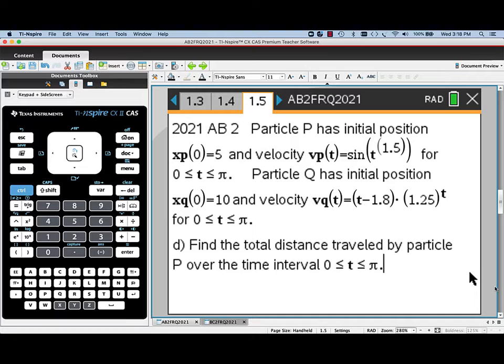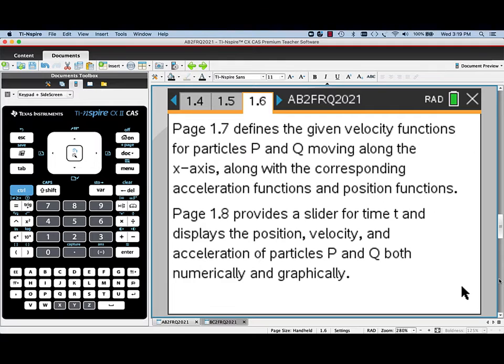And so we're not going to duplicate that here. Instead, what we'll be doing is using the TI-Nspire to provide kind of a special visualization tool for investigating particle motion. So on the next page of this document, which is provided also as a resource, we're going to define the given velocity functions for these two particles.